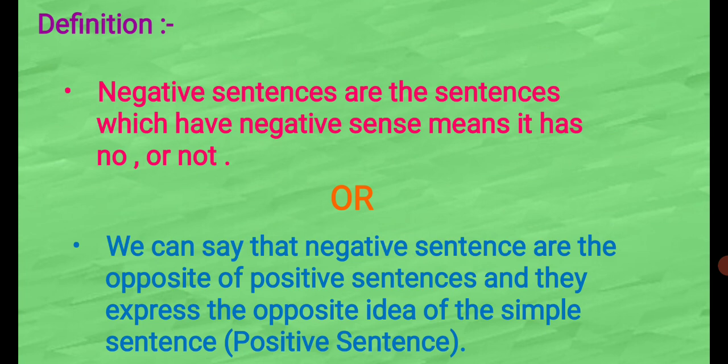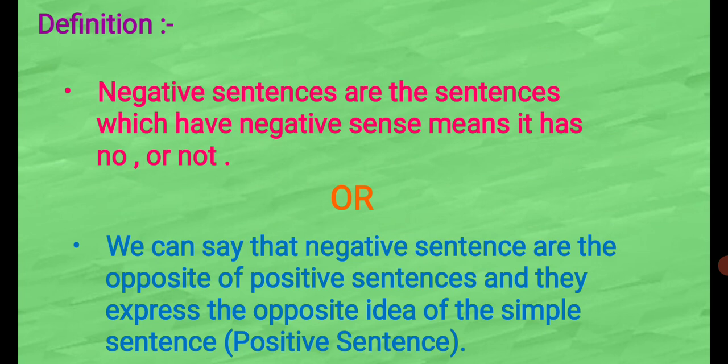What are the positive sentences? We already learned about the statement in our previous lesson, right? Simple sentences are called the statements. If we want to show them with a negative reflection, a negative idea, we use no or not in that sentence.